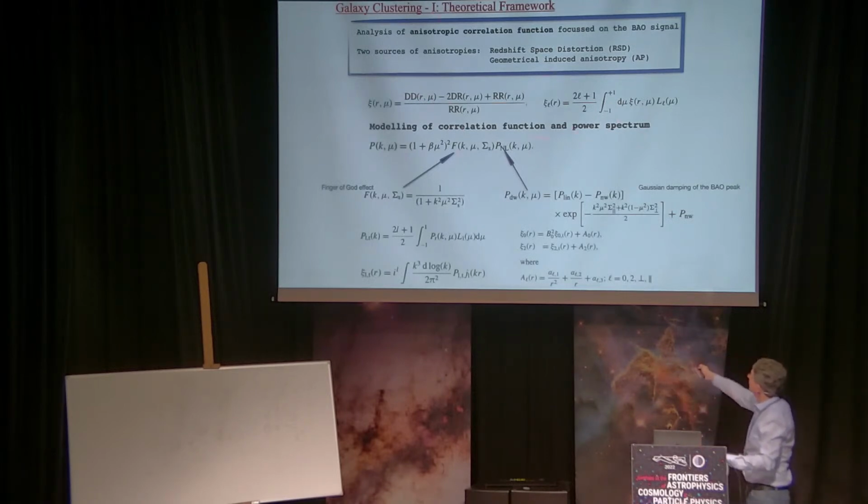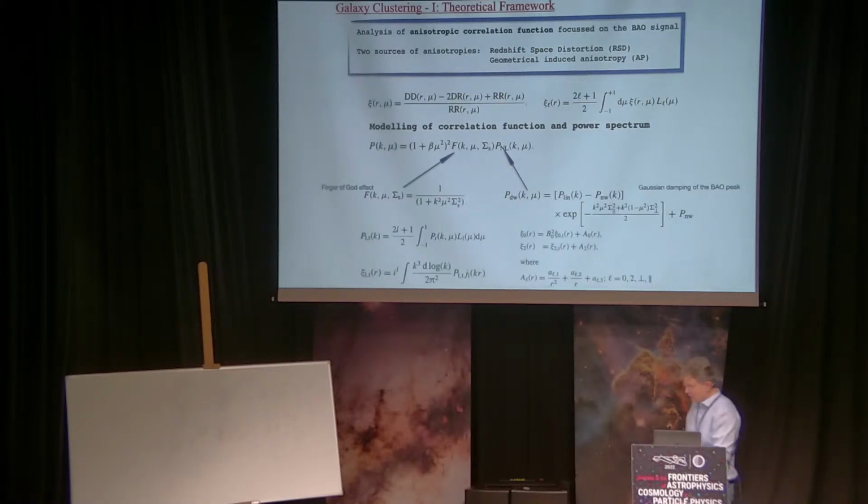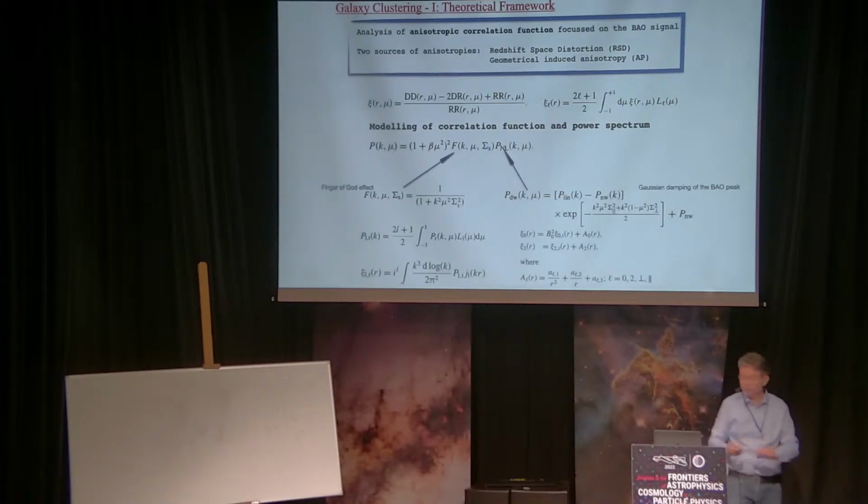So then you can decompose this in multipoles, or you can work things out in Fourier space with the power spectrum, redshift space distortion, finger of God, nonlinear power spectrum, and again, these analyses are focused on the wiggles, and so you want a description of the wiggles. Where are nonlinearities hidden in this? They're hidden in this sigma. Sigma is a way of filtering or smoothing the signal as nonlinearities will do, right?